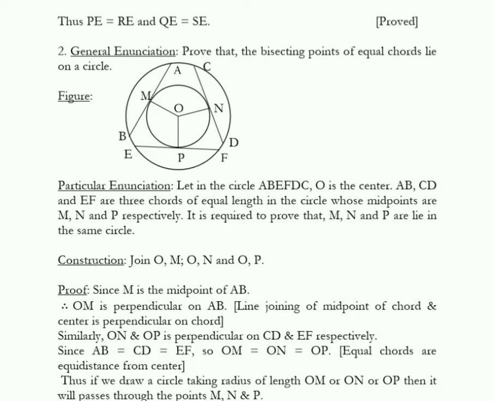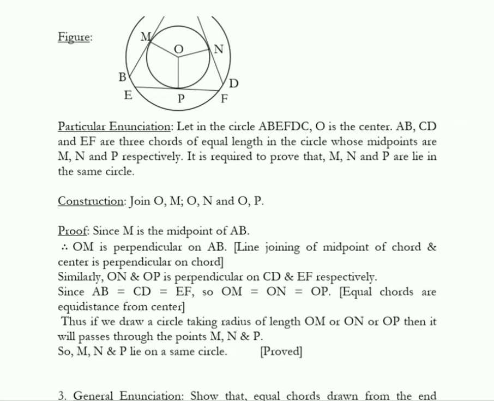As we know that AB, CD and EF are equal, so we can also say OM, ON and OP are also equal, because they are the distance from center to equal chords. So when we draw a circle of radius OM or ON or OP, all the points M, N and P will lie on the circumference of the circle.